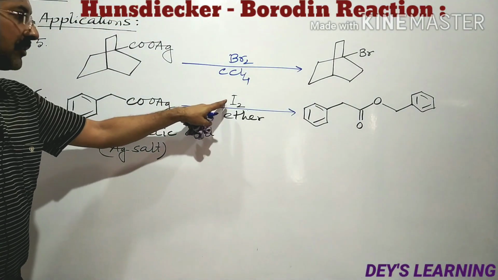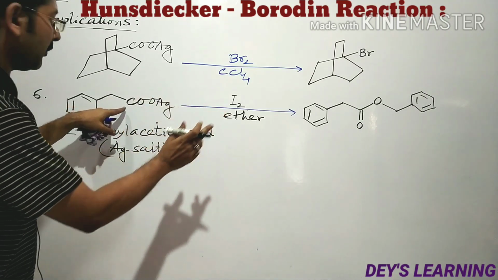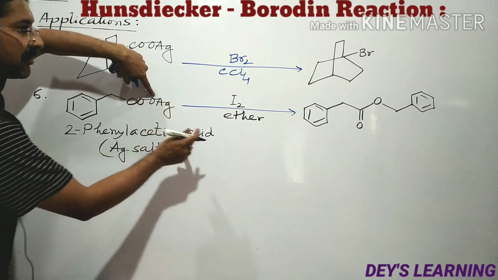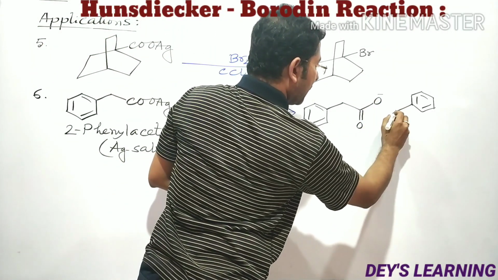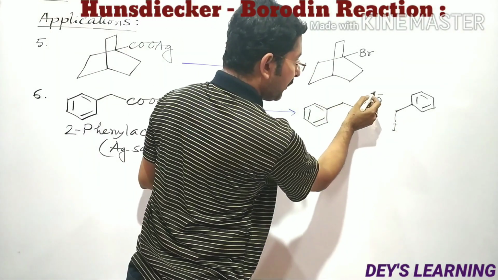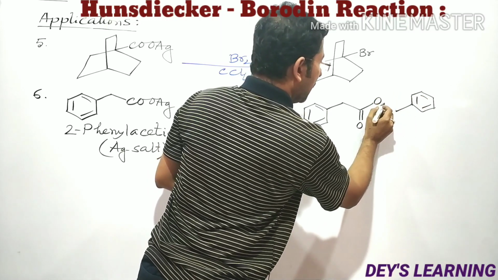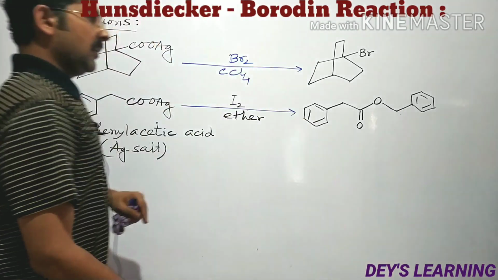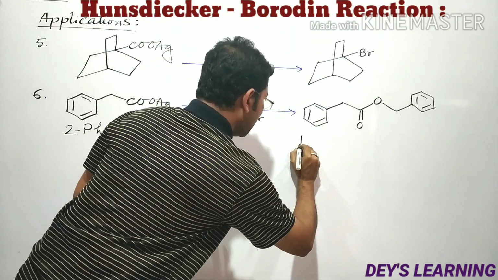If iodine is present, the ester will be formed. The ester will be formed from here. This COO minus attacks, and iodine will be formed here. So O minus will attack here, the nucleophilic attack, and I minus will leave the substrate. You will get this one. The name of the molecule is, this portion is benzyl.